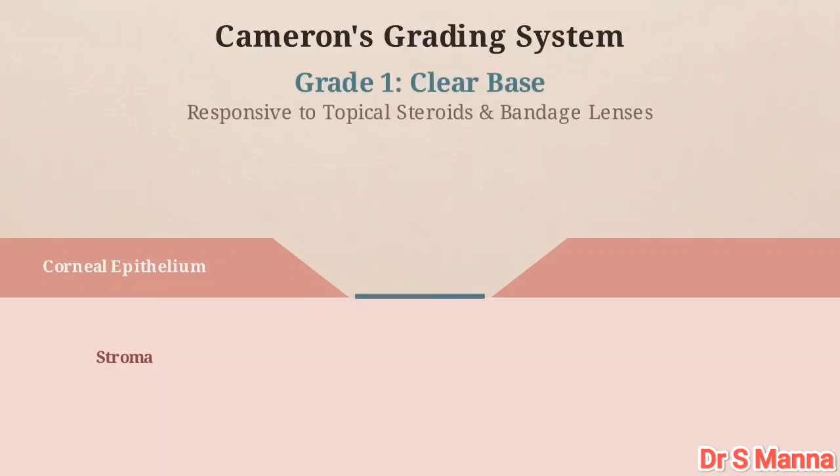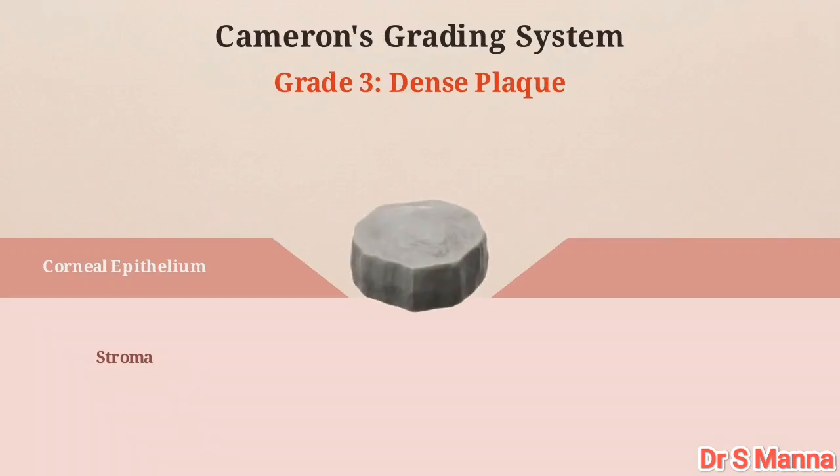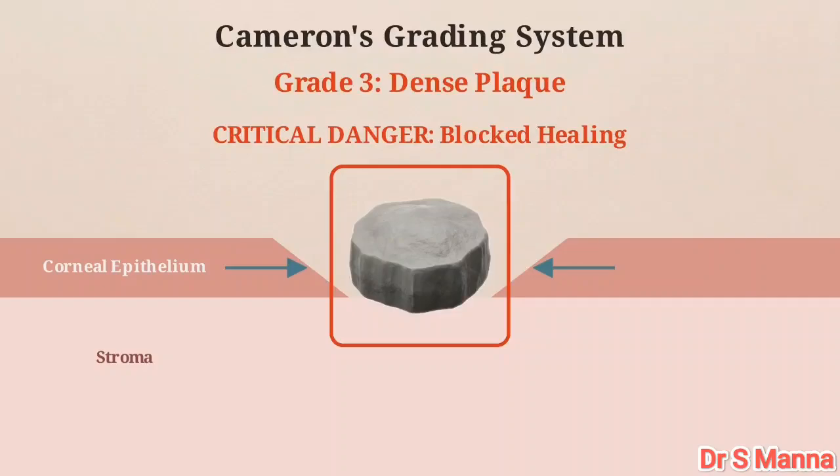In grade 1, the defect has a clear base and often responds to topical steroids and a bandaged contact lens. In grade 2, the base begins accumulating inflammatory debris, but remains manageable with intense topical therapy. The critical danger lies in grade 3. Here, the debris hardens into a dense, elevated plaque composed of fibrin and mucus.